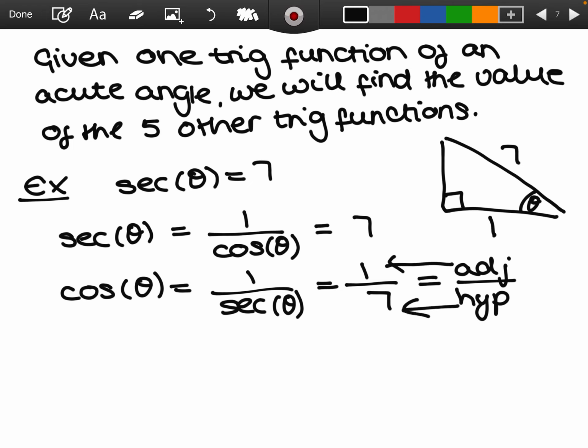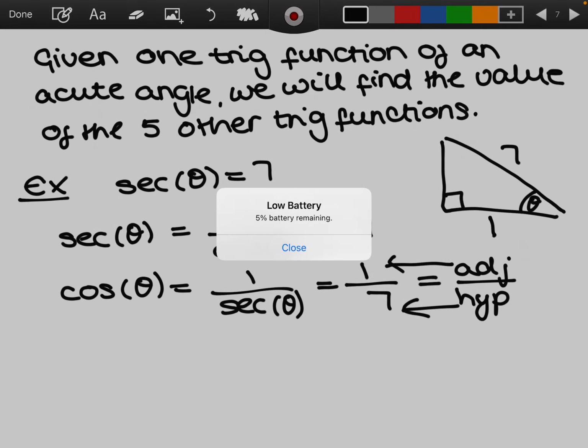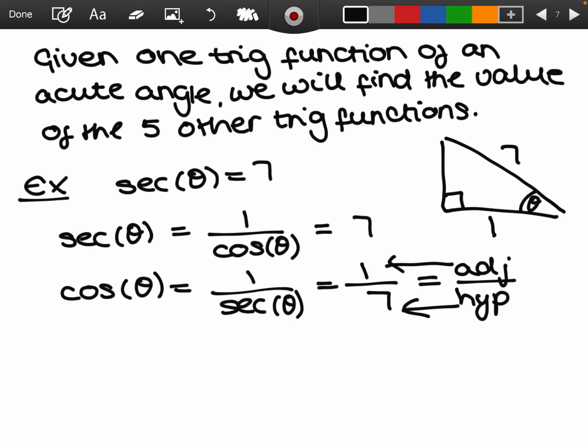You could make them more difficult and say that the adjacent side was 2 and the hypotenuse was 14 and start doing all this stuff with multiples. I would not do that. It makes it way too complicated. Keep it as simple as possible because you don't want to mess this up mathematically. So I'm going to set my adjacent side as 1 and my hypotenuse as 7.